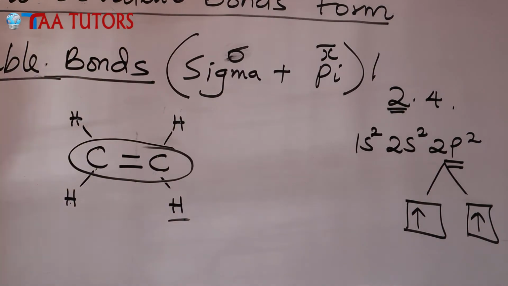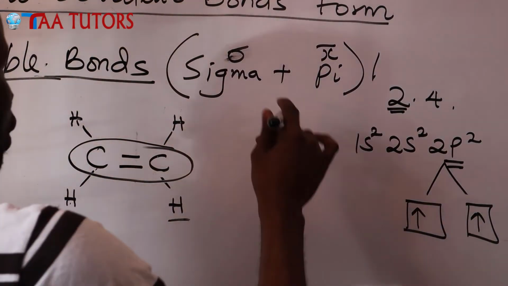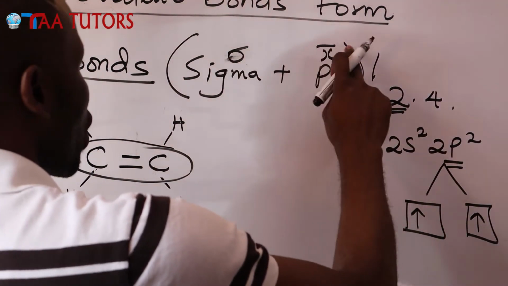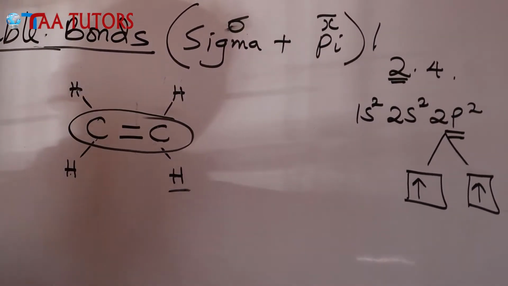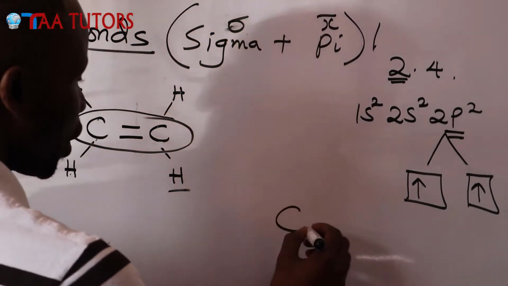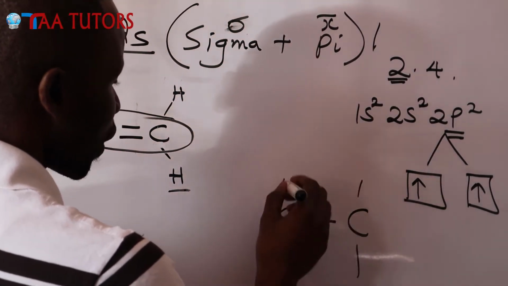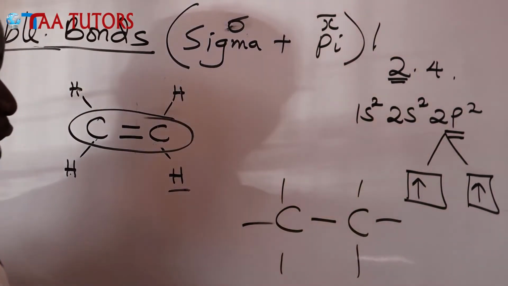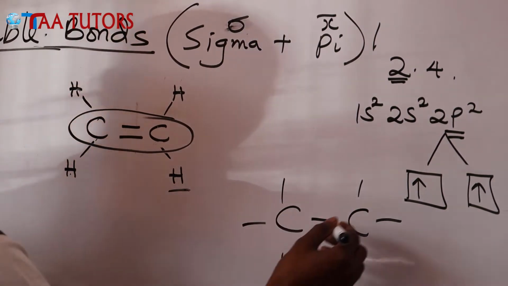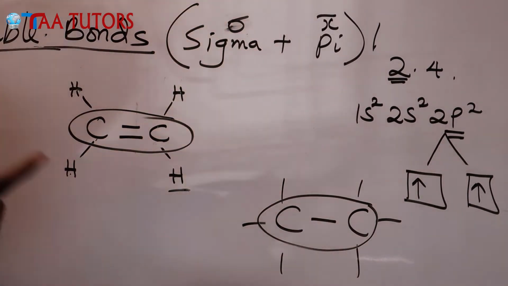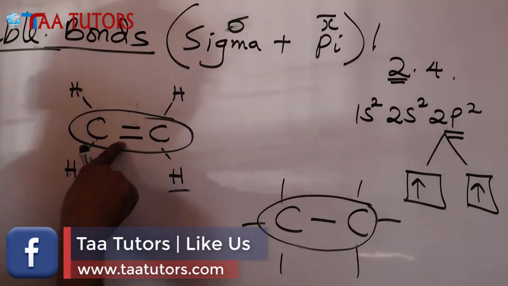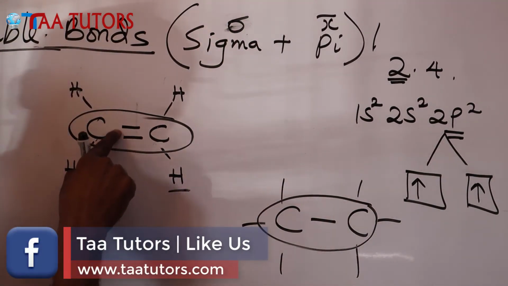Now let me invite you to understand something about both pi and sigma bonds. Sigma bonds are much stronger than pi bonds, and that's what explains why ethene, if I compare ethane and ethene, whenever there's a single bond, there's a sigma bond. Ethane has a sigma bond, which we said is much stronger than a pi bond. When you come to ethene, the pi bond here is weaker.